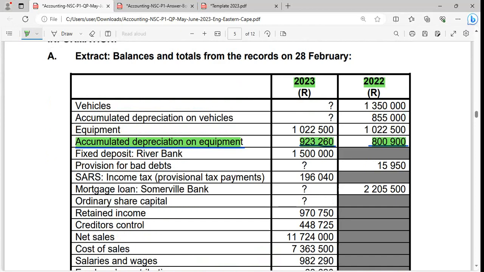If it's the diminishing balance method, depreciation is calculated on the carrying value. So now we check the accumulated depreciation on vehicles. So this is accumulated depreciation, 855,000 at the beginning, and then the cost.